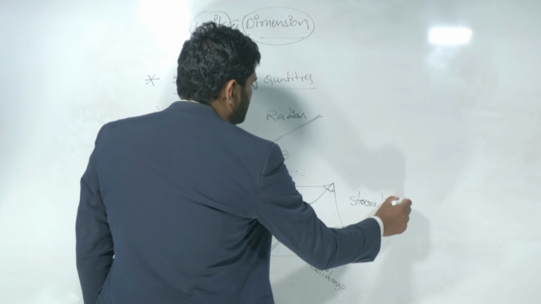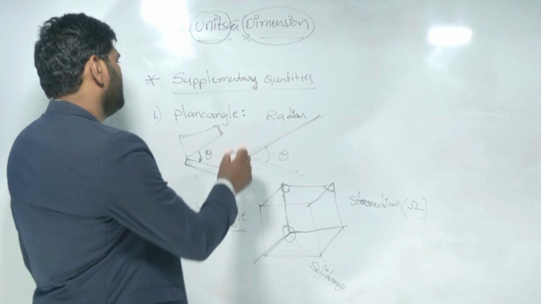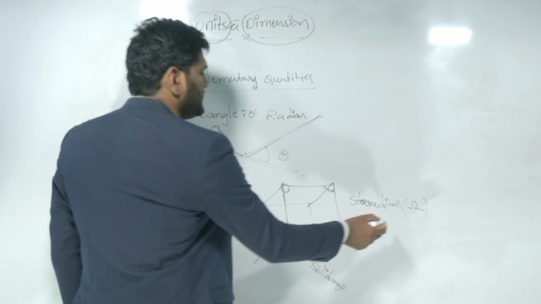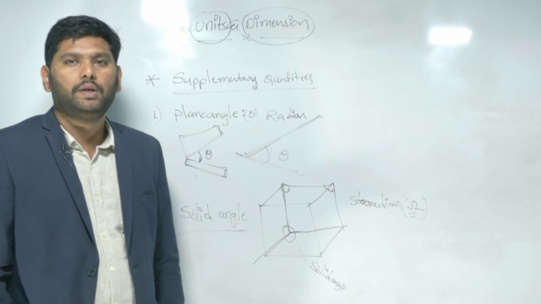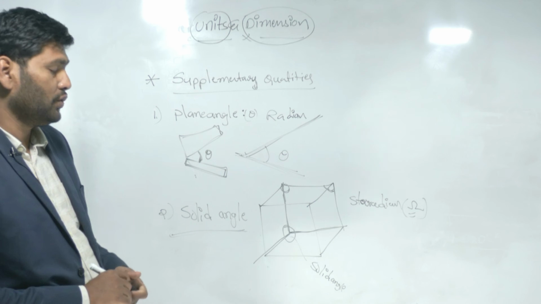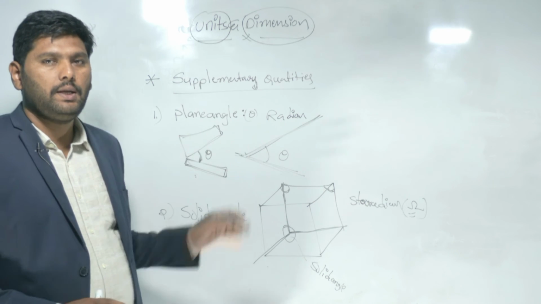Plane angle is represented with theta, and solid angle is represented with omega. So this is your today's topic. I hope you have understood this. I think it is clear.